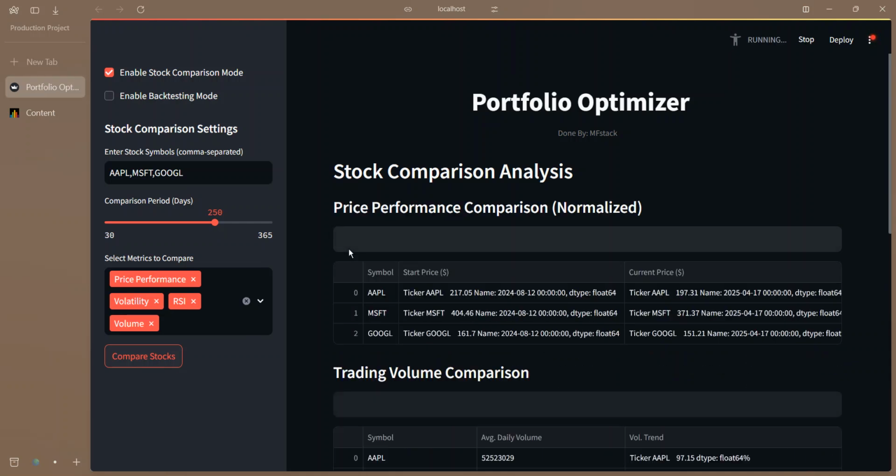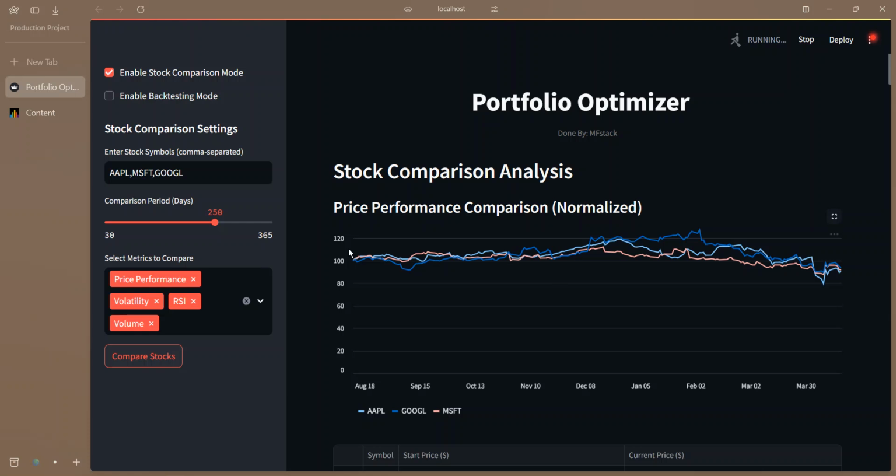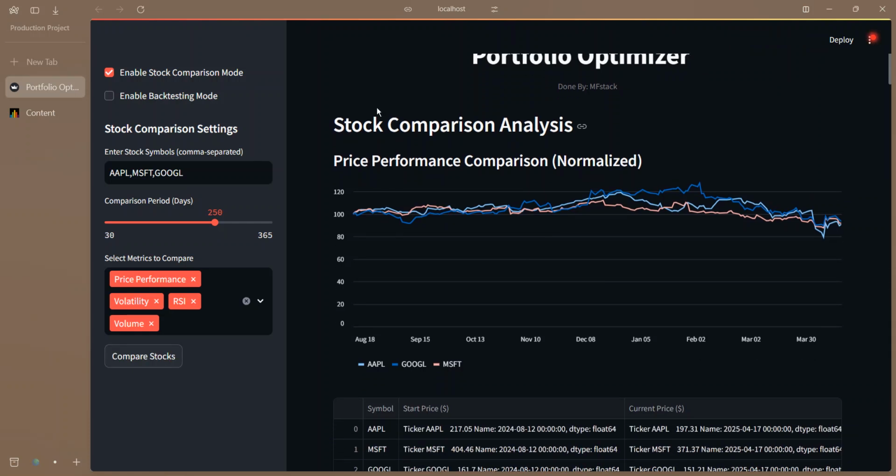Over here we have a very basic comparison between Apple and Microsoft and Google. Over here is the normalized price, which is basically a scale from 0 to 100% and their increase or decrease despite the price.